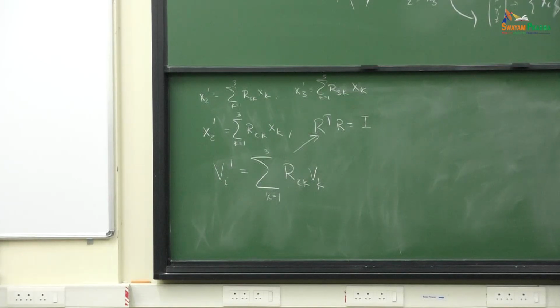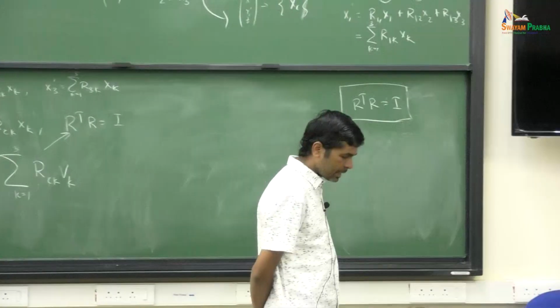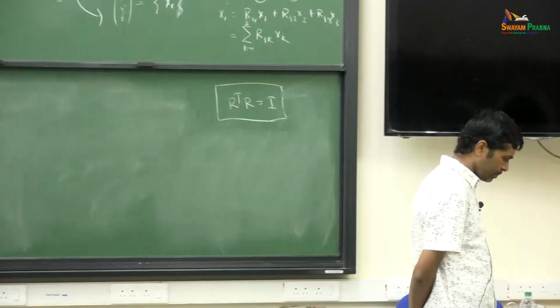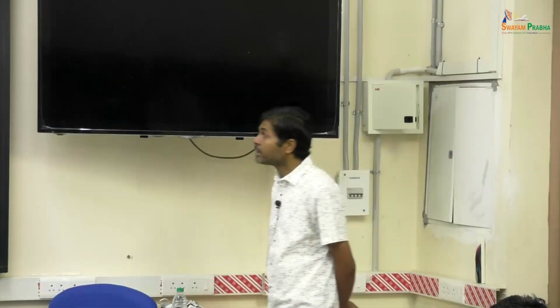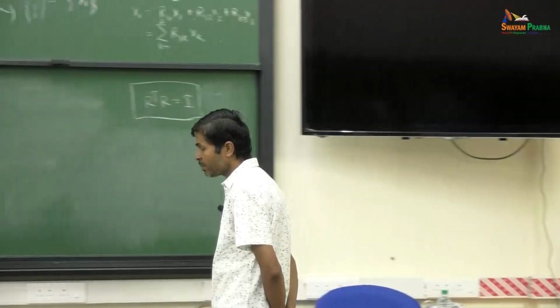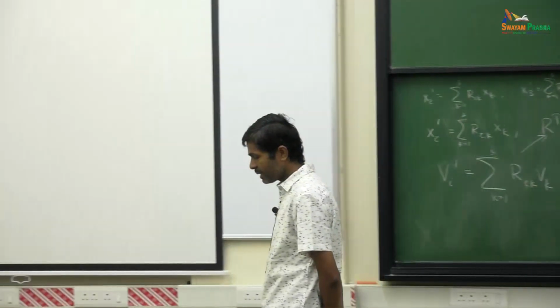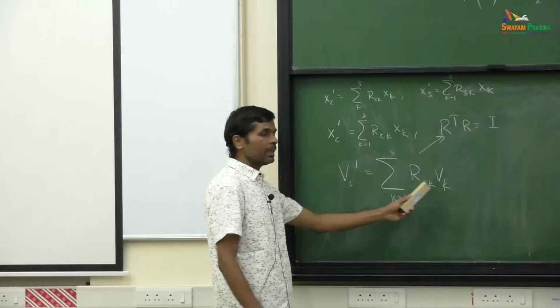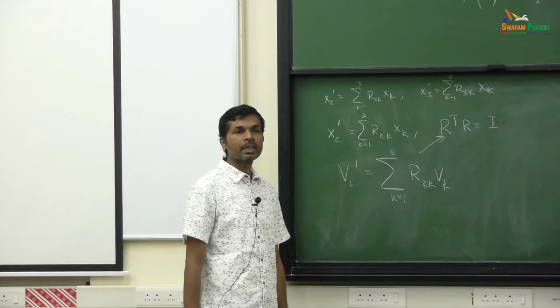Now I will turn it around. Instead of calling something with a direction and a magnitude a vector, I will say, suppose I have a collection of 3 quantities, and if these 3 quantities transform this way under rotation, then these are vectors.